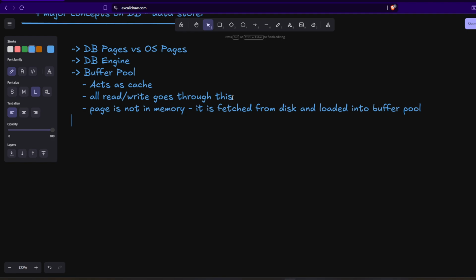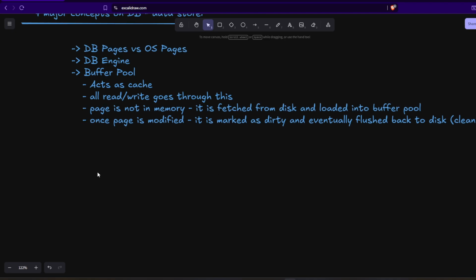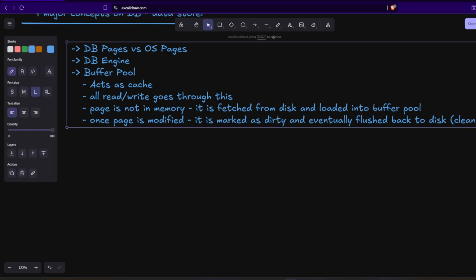Once the page is modified, it is marked as dirty and eventually flushed back to disk. And then at that point of time, it will be marked as clean. Okay, so this is one of the important concepts that we touched upon.